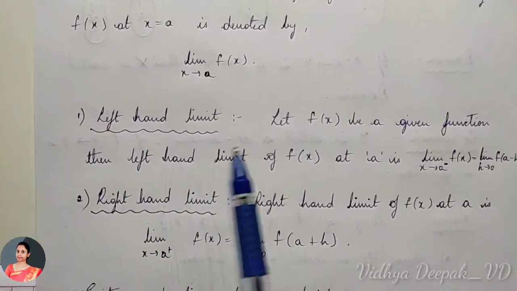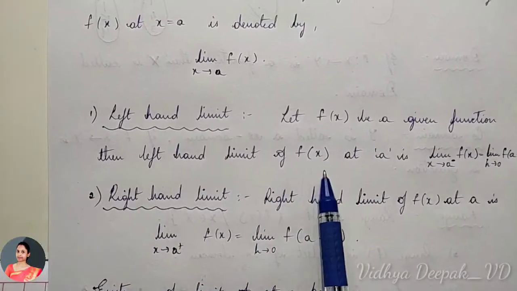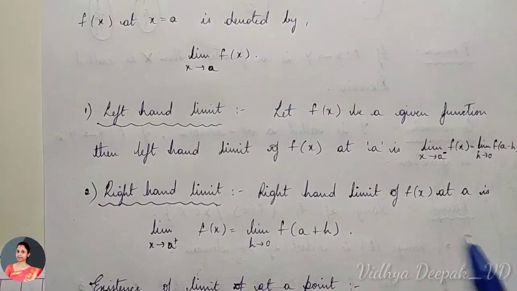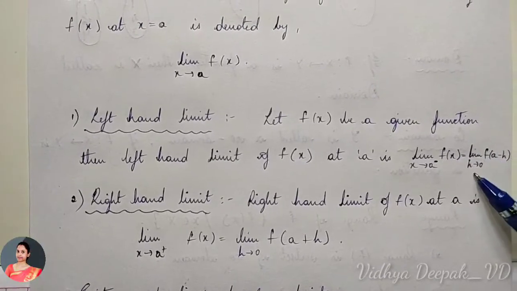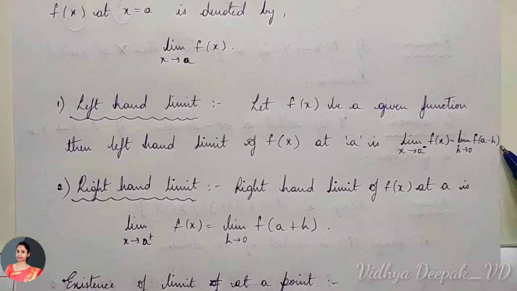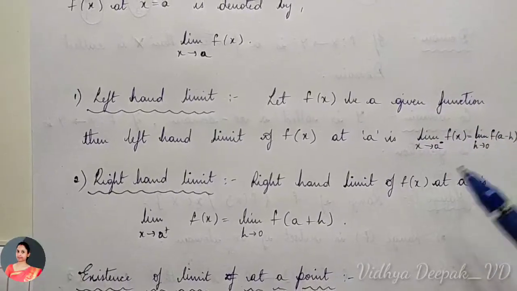So what is the left hand limit? Let f of x be a given function, then the left hand limit of f of x at a is limit x tends to a minus of f of x, which is equal to limit h tends to 0 of f of a minus h. This is how you calculate the left hand limit. Okay, this is a formula.